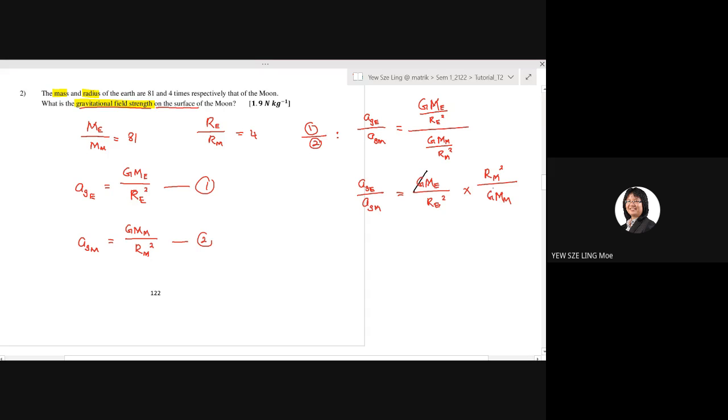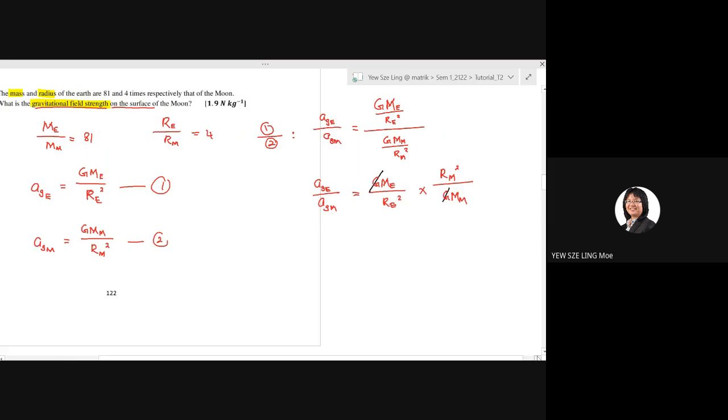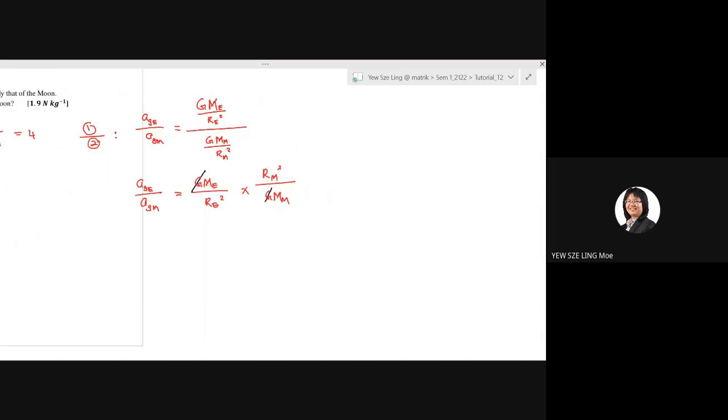Next step is a bit tricky. Actually, you have two ways to solve it. I'll show you both methods.